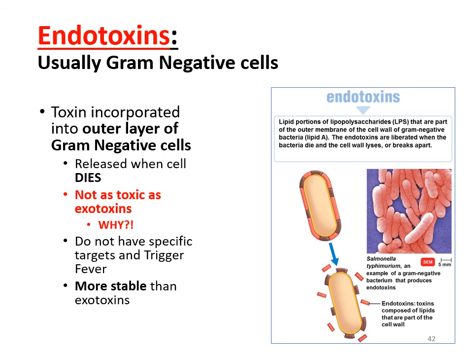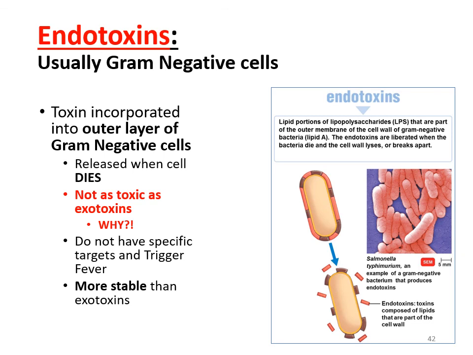The difference with endotoxins is that, since they're built into the bacteria's cell wall, they are only released when the cell dies. This means that they're not as toxic as exotoxins, because think of it, what's more dangerous? A serial killer, or someone who commits suicide when they commit the murder? Well, the suicide killer can only kill whoever they killed at that moment.